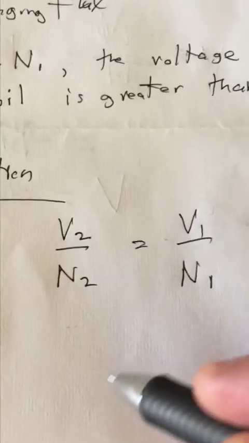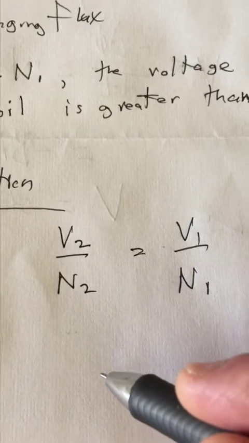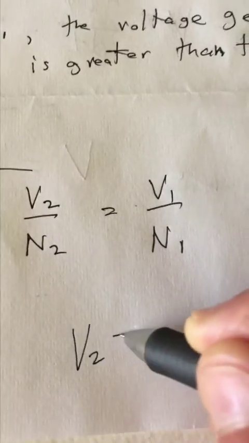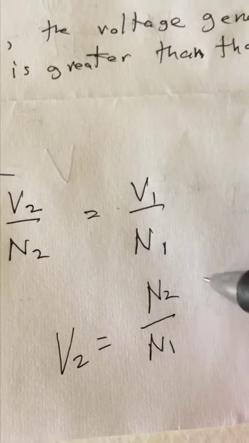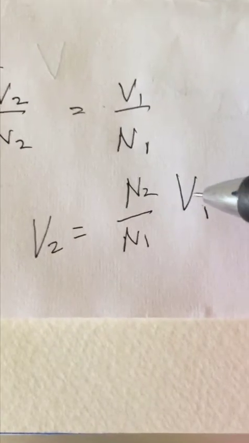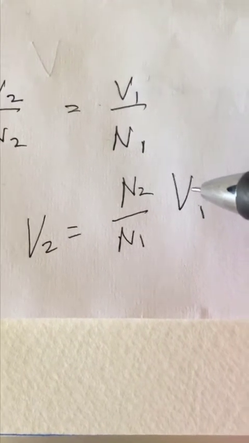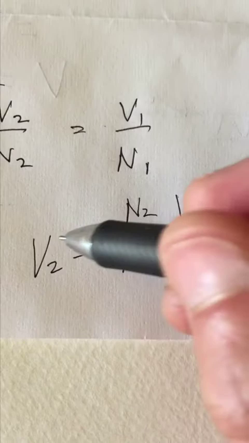That's what this equation is telling us. The result of that is V2 is equal to N2 over N1 times V1. And this is the transformer equation that can be used to determine the voltages on the two sides of the transformer.